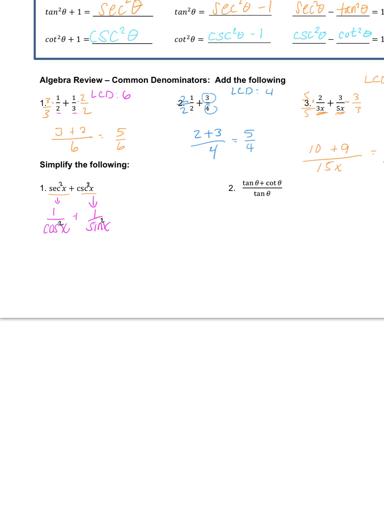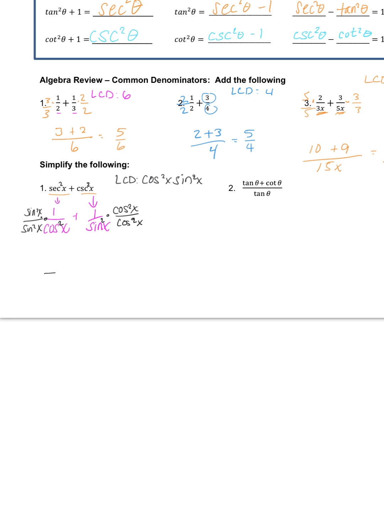So I need a common denominator. My common denominator between cosine squared x and sine squared x, that LCD is going to be cosine squared x times sine squared x. So now let's multiply each term by what it needs. This needs a sine squared x over a sine squared x. And this one needs a cosine squared x over cosine squared x.